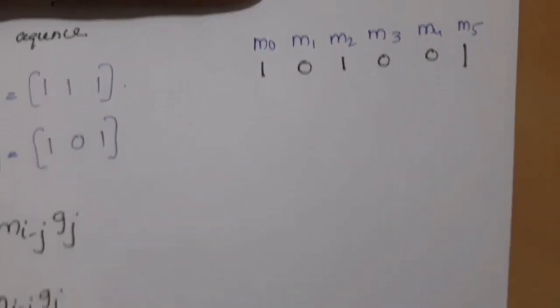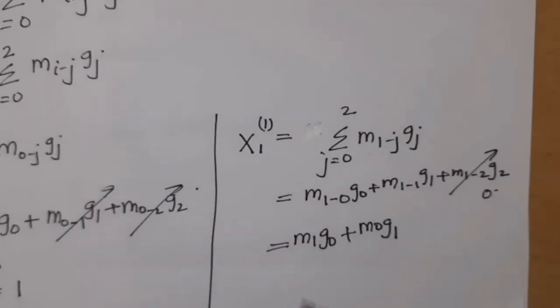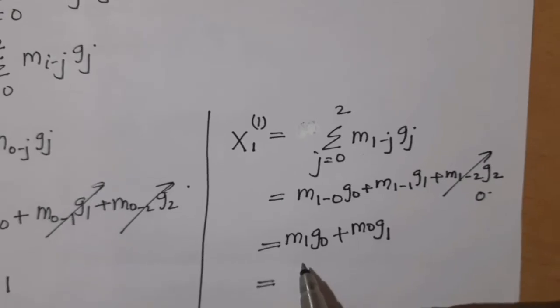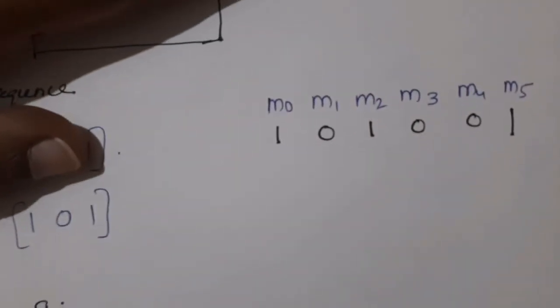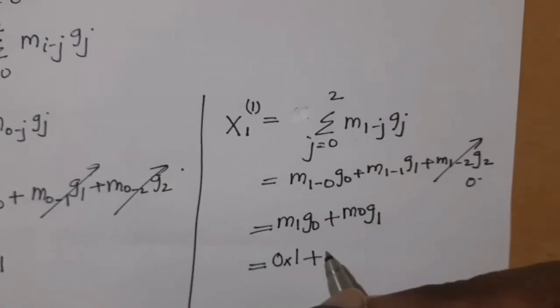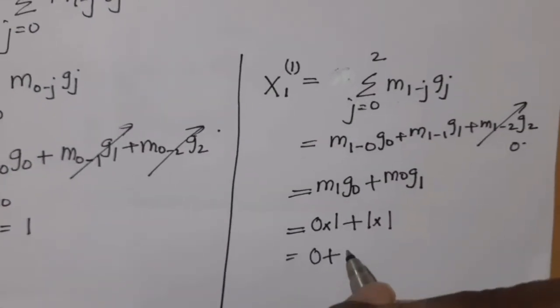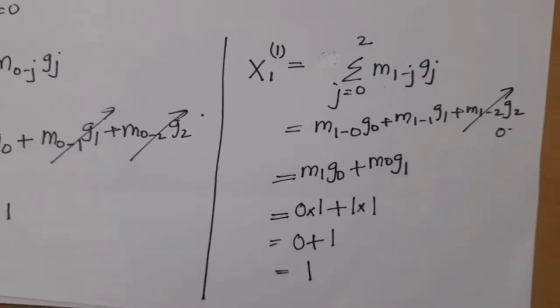M minus 1 is not there, so this quantity is 0. m1 is 0, 0 into g0 is 1, plus m0 is 1 into g1 is 1. So this will be equal to 0 plus 1 equal to 1.